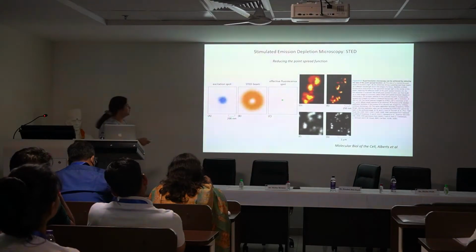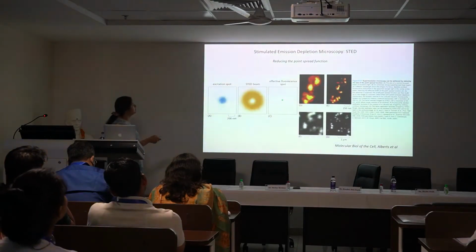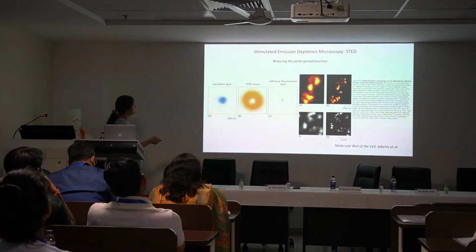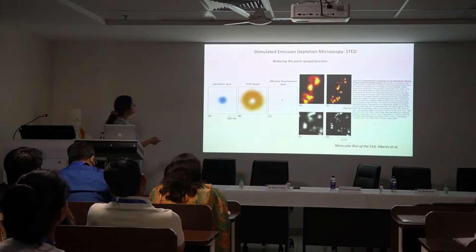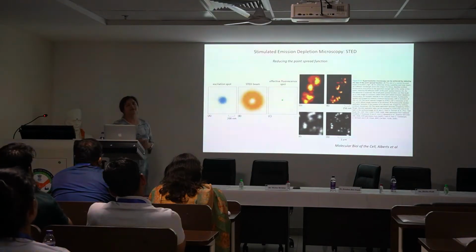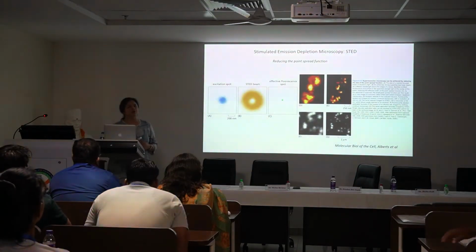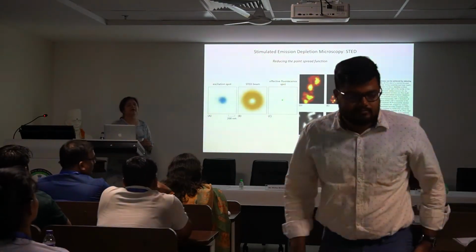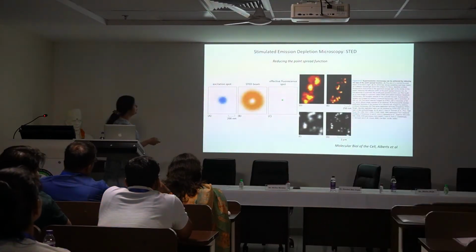How do we do this? There are two beams in the Leica STED microscope. One is the general spot for excitation. If it is a green fluorescent molecule, it is going to be excited by the 488 nanometer laser.